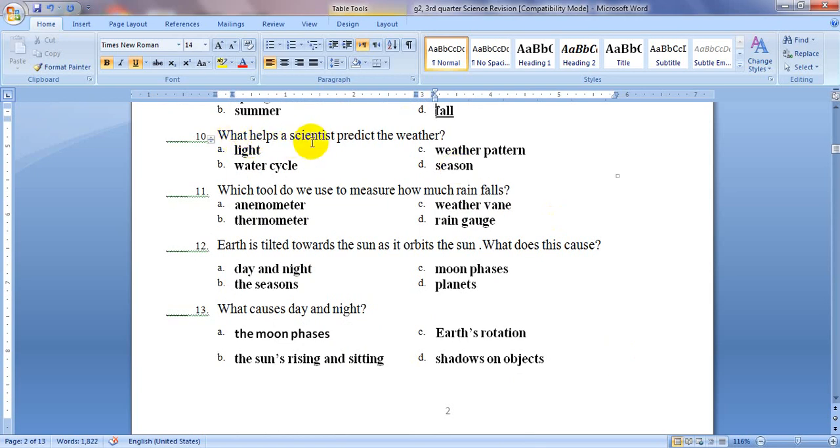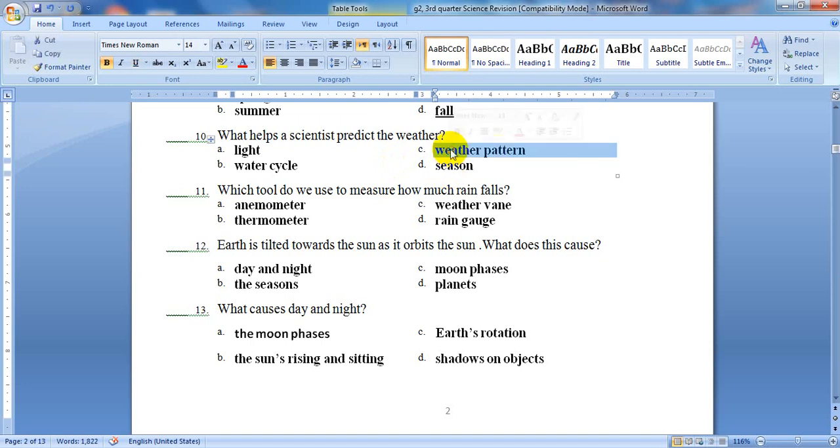What helps a scientist predict the weather? And we said that the word predict means guess or let us know before it happens. What helps them make so? Is it light, water cycle, weather pattern, or season?